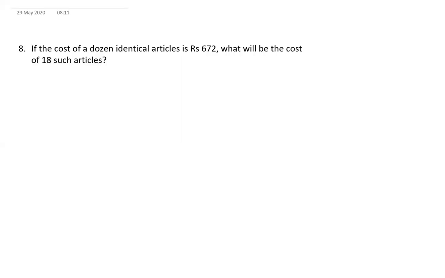It says if the cost of a dozen identical articles is rupees 672, what will be the cost of 18 such articles? So you are given the cost of 1 dozen articles, which is 672. So write cost of 1 dozen, or you can write in bracket 12, because 1 dozen means 12. So cost of 1 dozen articles is equal to rupees 672.